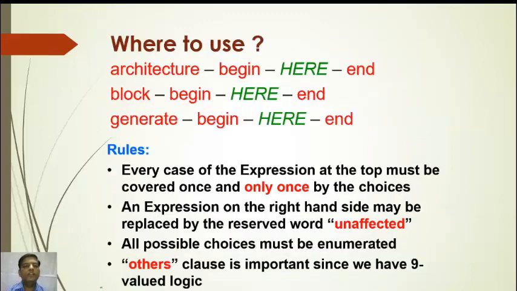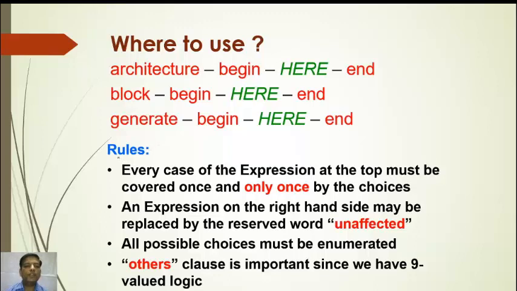Now where to use it: inside the architecture begin, here it is utilized, end; then block begin, again here it is utilized, end; generate begin, here end. In this way we can utilize it inside the architecture, block, generate.